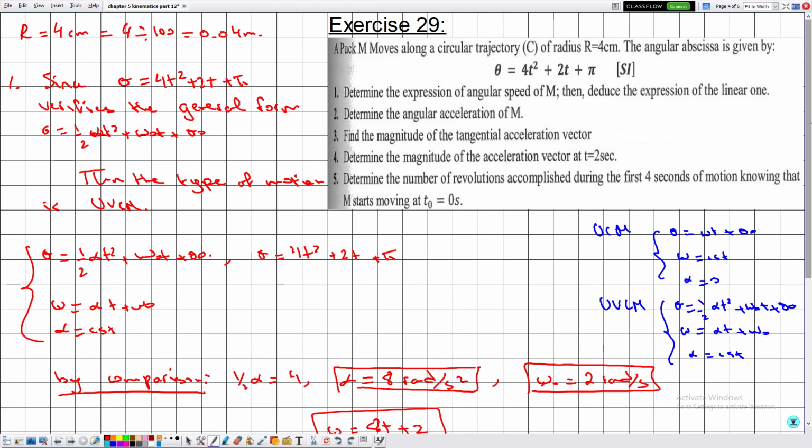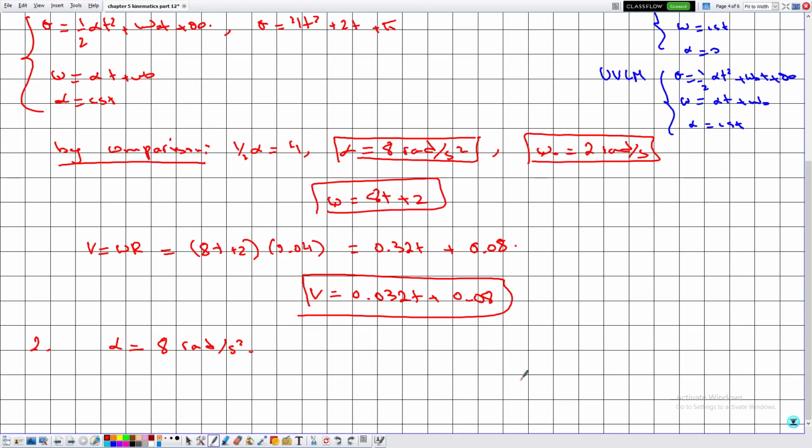Now in number 3, they are telling me find the magnitude of the tangential acceleration vector. So we know that the tangential acceleration, the magnitude and alpha are related via the following formula: alpha r, the value of alpha is given by 8 and the value of r is given by 0.04.